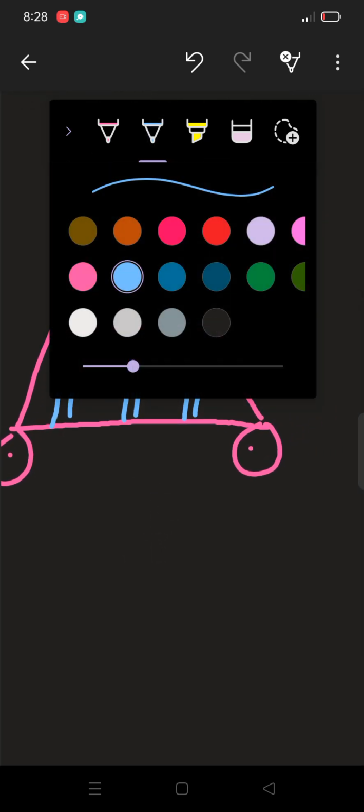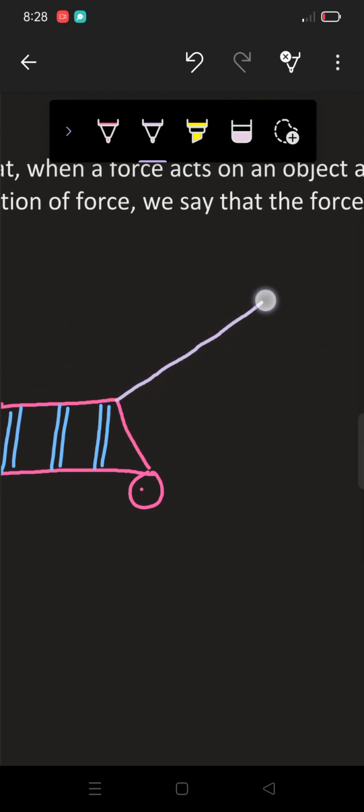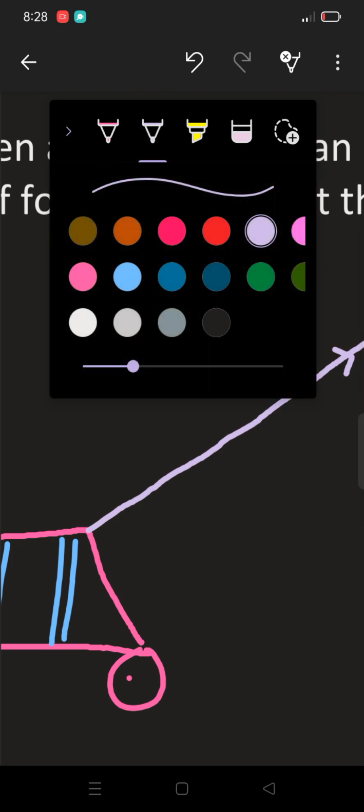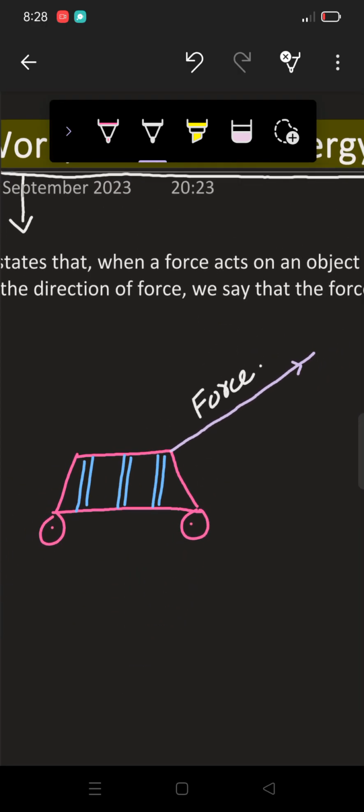And here I am applying force to this body, an inclined force. Of course, if I apply the force on an object or a car like this, it will come towards me. However, it will cover the displacement along the x-axis.